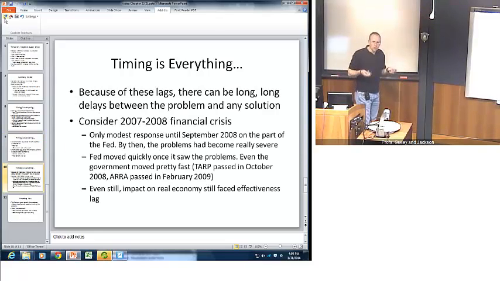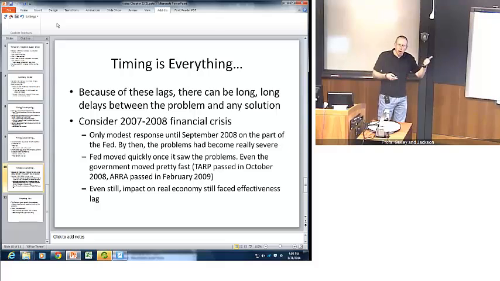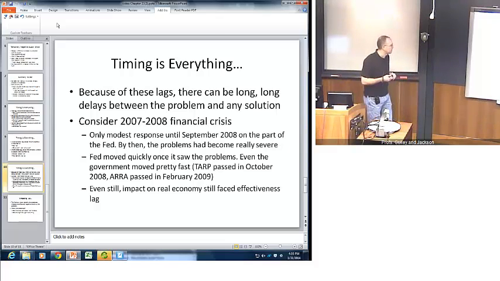And so clearly the point here is this. Because of all of those lags, there can be really long delays between a problem and when a solution actually starts to impact the economy. Consider, for example, our most recent financial crisis. Until September 2008, there was a pretty modest response on the part of the Fed. They did do some policy actions, but not very dramatic.